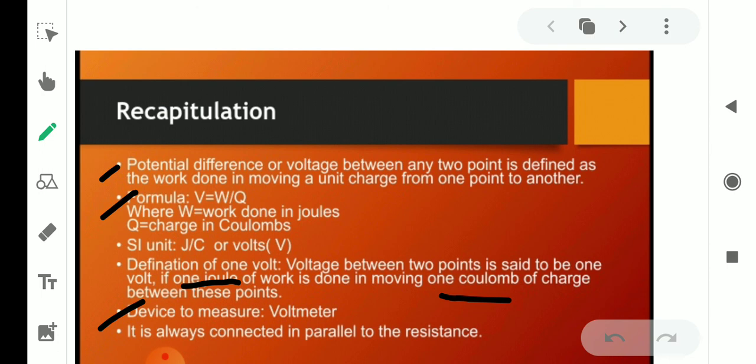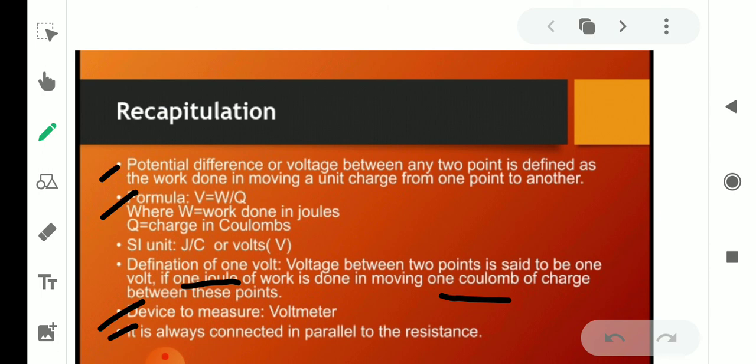And remember, ammeter is a device used to measure electric current and it is connected in series to the resistance. Here the potential difference is measured by the voltmeter, which is connected in parallel to the resistance. These were the points you had studied in the last class.